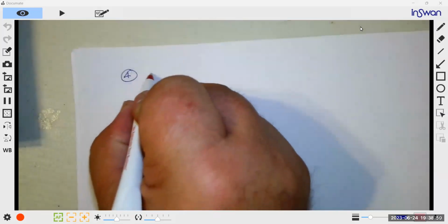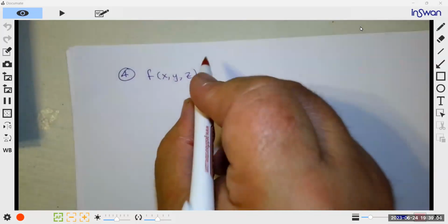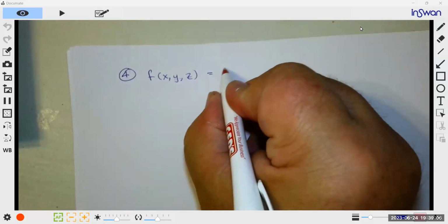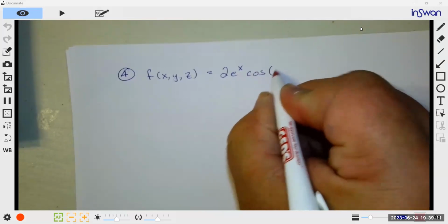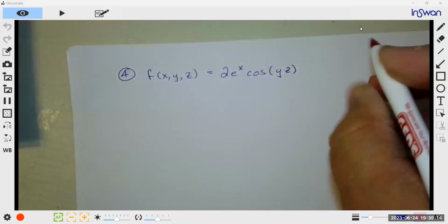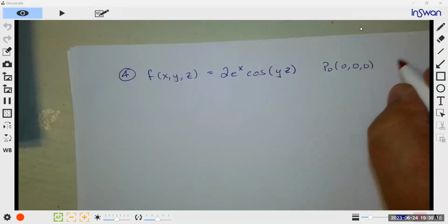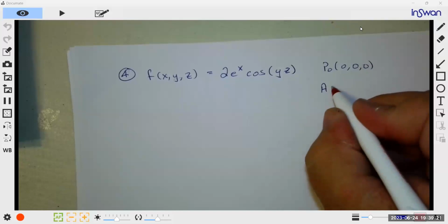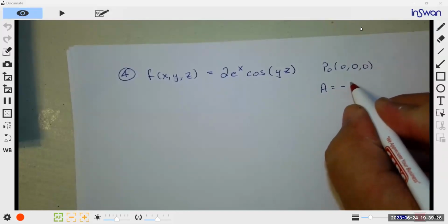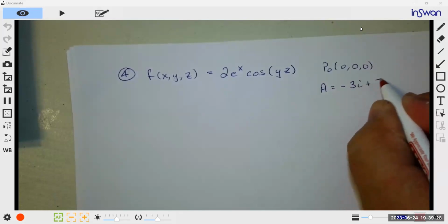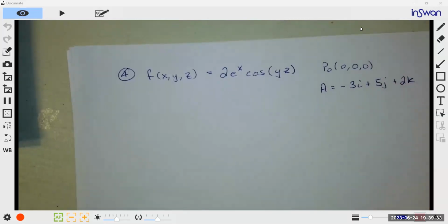The original function f(x, y, z) is equal to 2e to the power x cosine of yz through the point 0, 0, 0 in the direction of A, which is negative 3i plus 5j plus 2k.